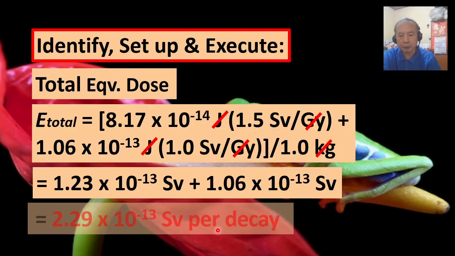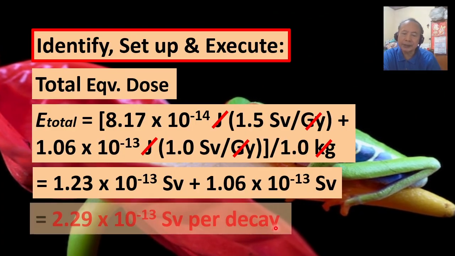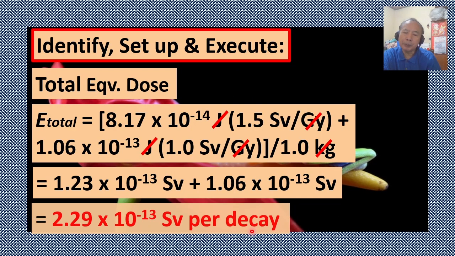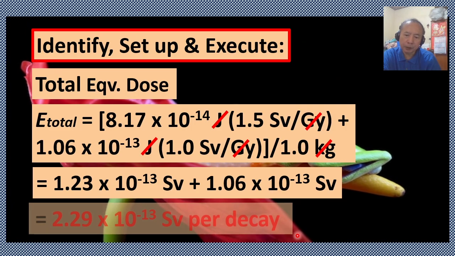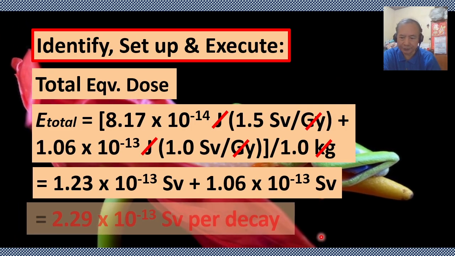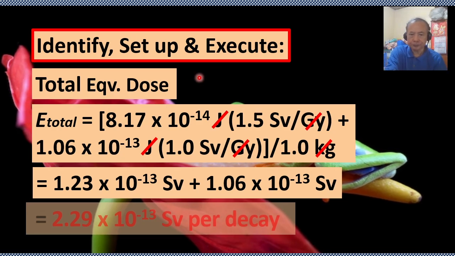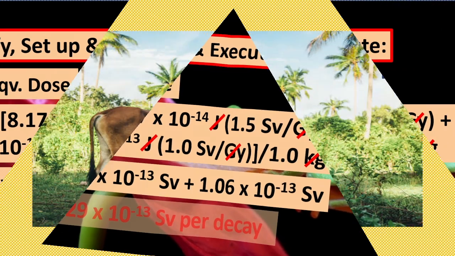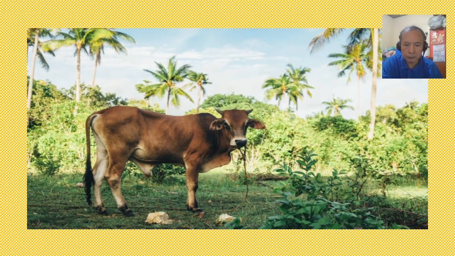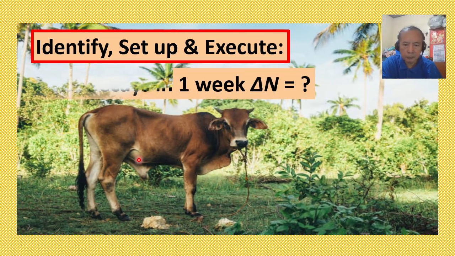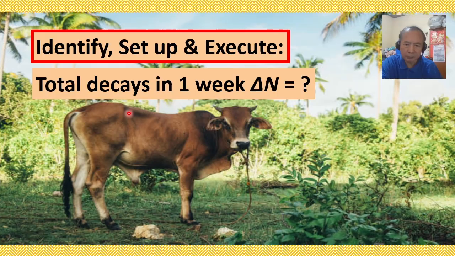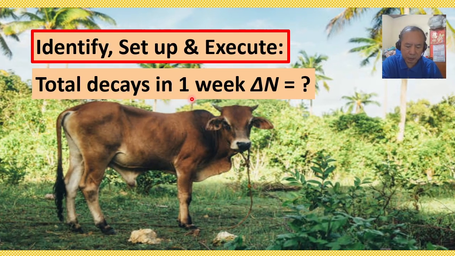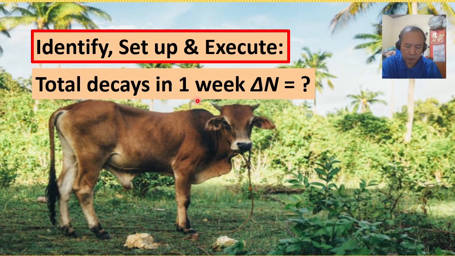This is per decay or per transmutation of the isotope cesium-137. How many decays are there in a week, right?